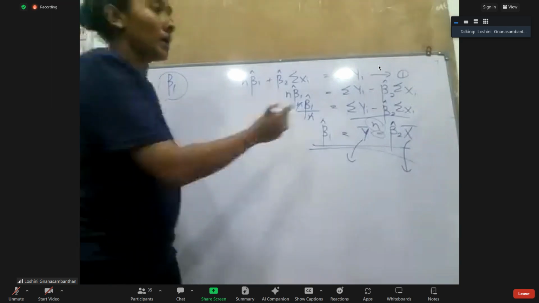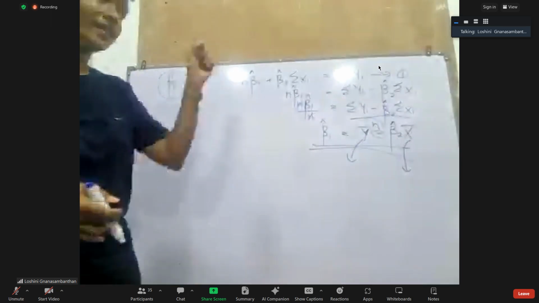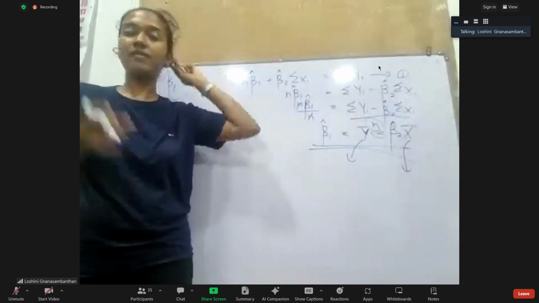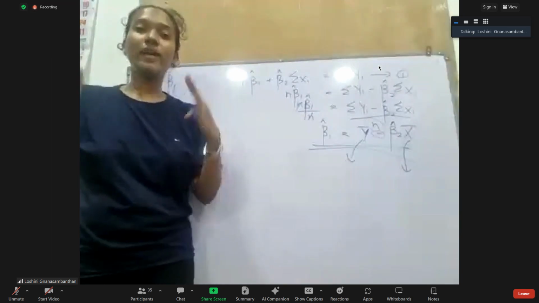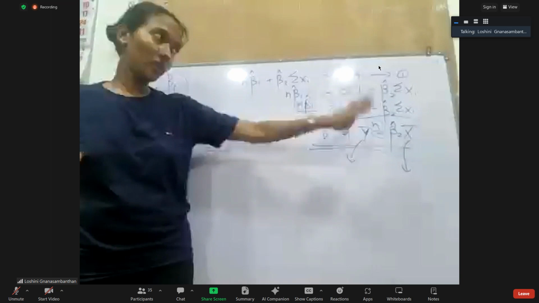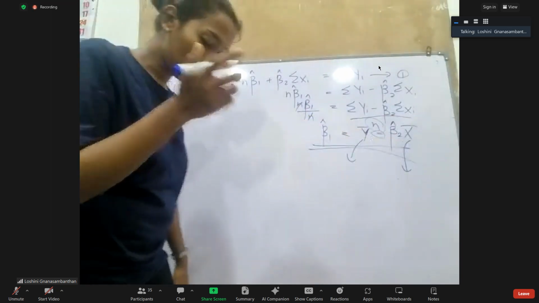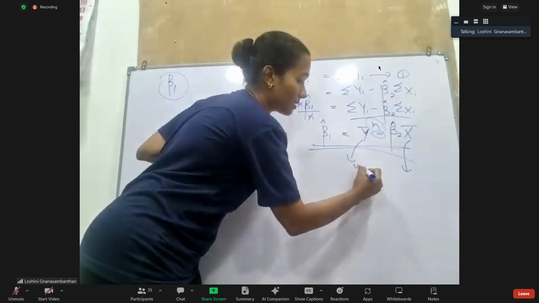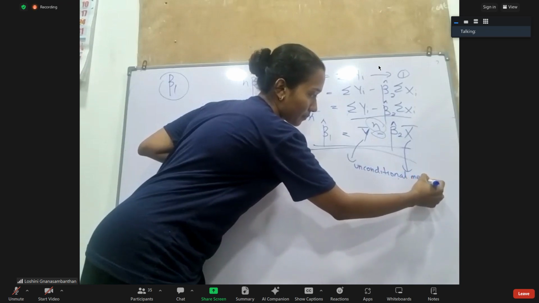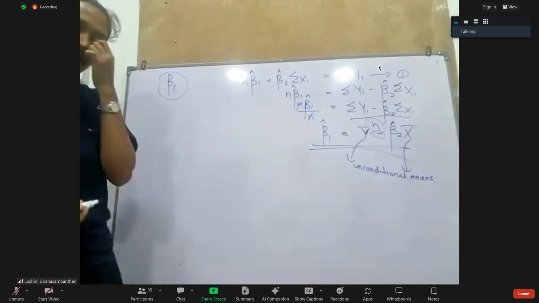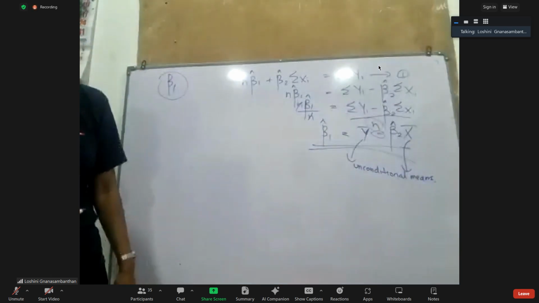Okay, now sigma of yi or sigma of xi means that the i part is there. If the i part is there, that means the addition of all the actual values, right? So according to this equation, both y bar and x bar are unconditional means.